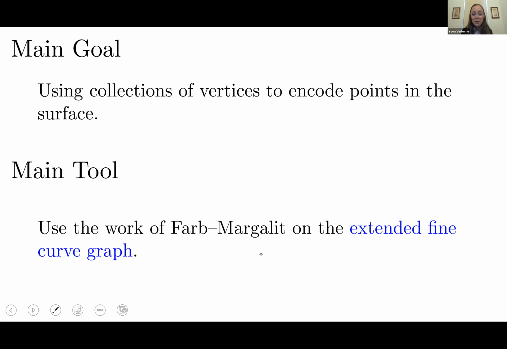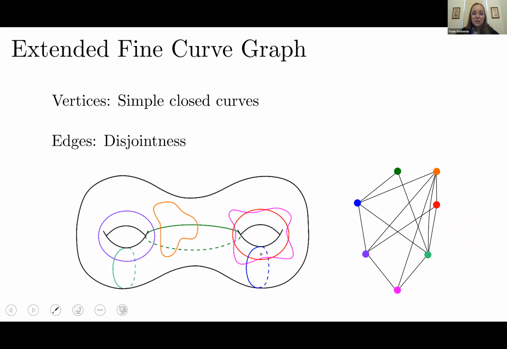However, there's work of Farb-Margalit where they studied a complex called the extended fine curve graph. And in the case of the extended fine curve graph, finding a way to encode points on the surface was considerably easier than finding a way to do this in the fine curve graph. The extended fine curve graph is defined to be the graph where the vertices correspond to the simple closed curves of a surface.